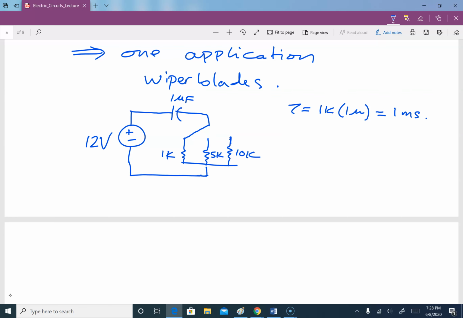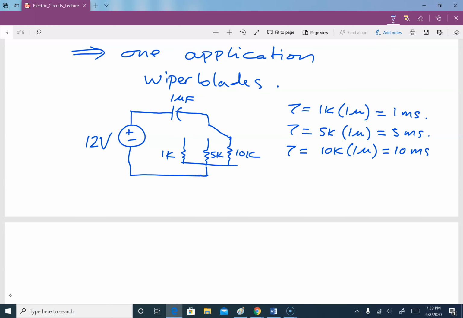That means the capacitor will charge in 1 millisecond and discharge in 1 millisecond. Then if we connect that over here, our tau is equal to 5K times 1 micro, that will be 5 milliseconds, which means the capacitor will charge in 5 milliseconds and discharge in 5 milliseconds. And then if we connect that at 10K times 1 micro, that is 10 milliseconds.